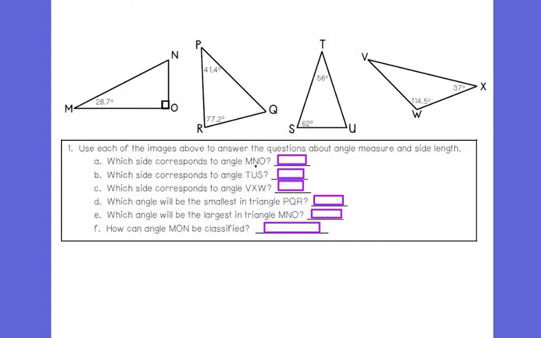It's the middle. So I'm looking at N here. I need to know what side corresponds with that N, meaning it's opposite of it. It's not just one letter. It's this whole line, which would be MO or OM. And we like to draw a line on top so that we know they are lines. So it is MO.